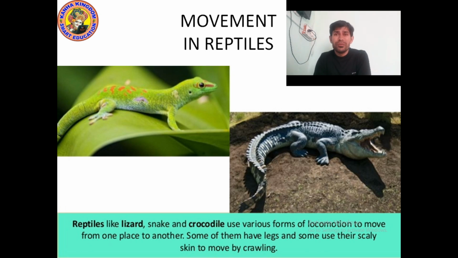To move from one place to another, some of them have legs, some use their scaly skin to move by crawling. So we can say their body is actually attached to the surface, so they use their legs and also crawl.